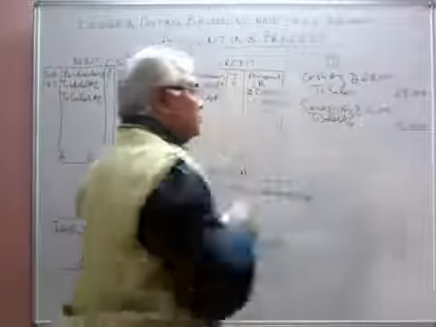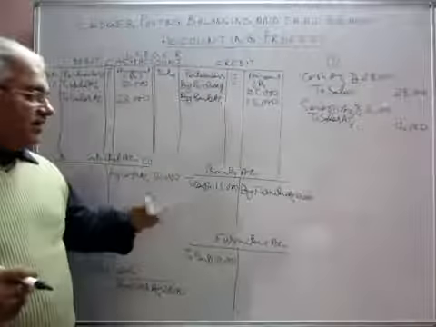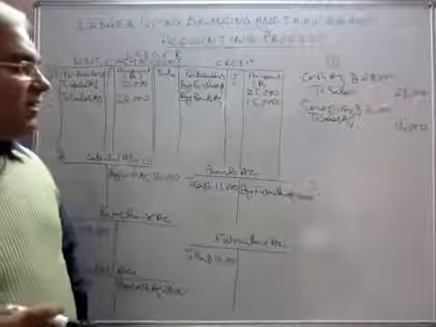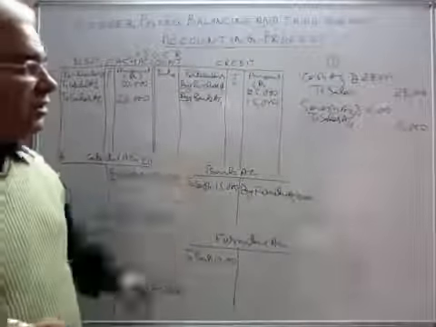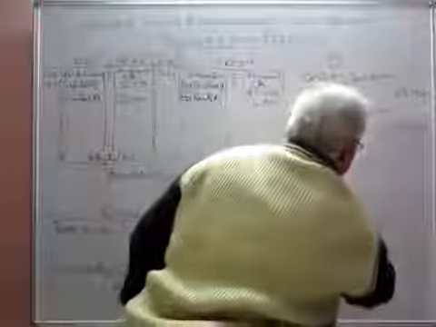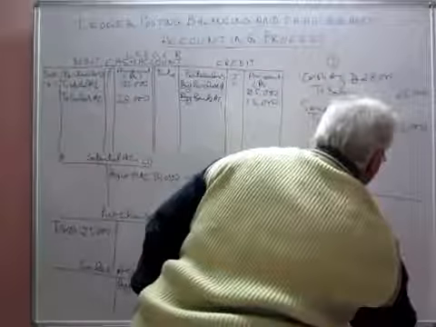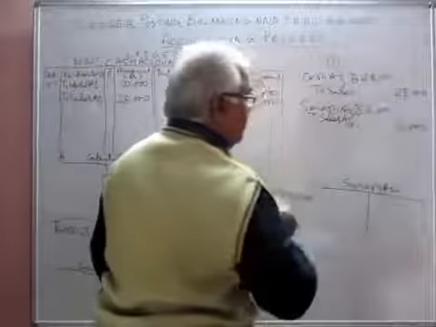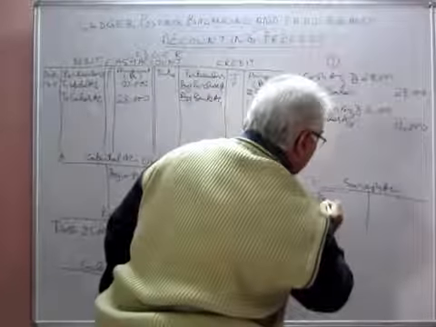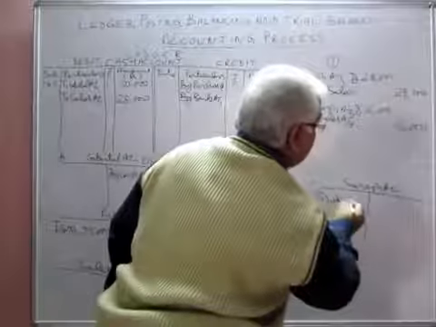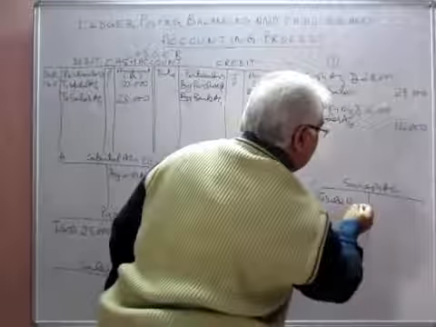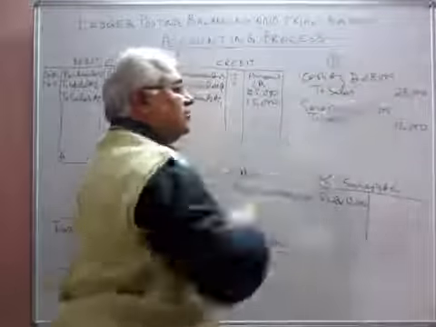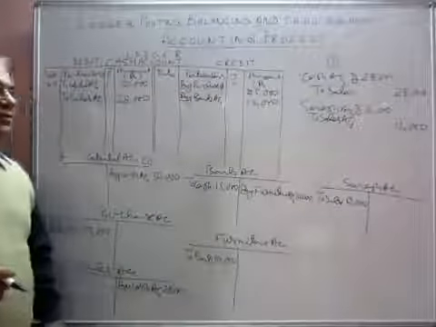In this case, Suresh account is being debited by 12,000. So we need to open another account, that is Suresh account. So Suresh account will be debited to sales 12,000. And sales account is being credited by 12,000.